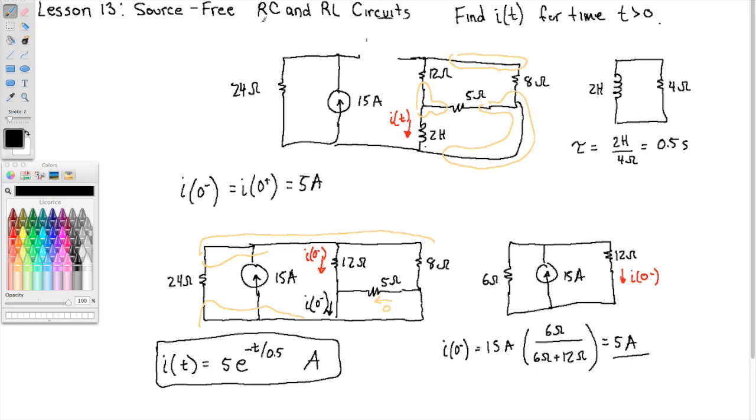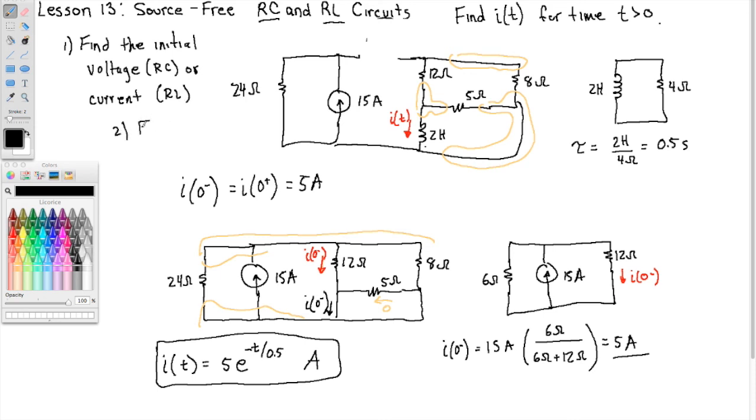Whether you're dealing with the RC circuit or the RL circuit, you want to first find the initial voltage if it's an RC circuit, or current if it's an RL circuit.